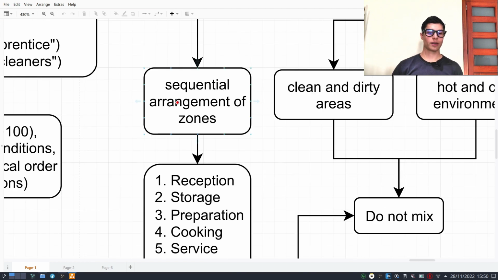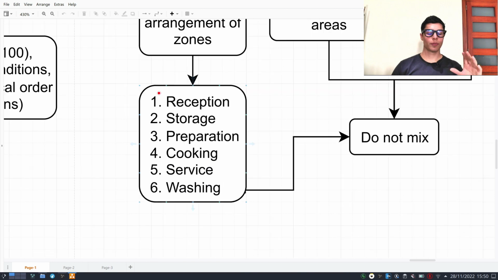So, as I said, sequential arrangement of zones. To make it easier, we have here a list of the main 6 zones that exist in a kitchen. We have the reception for the raw materials, the storage, the preparation, which is the ingredients area, cooking, the culinary area, the service, which is the distribution area, and then washing, which is the kitchen sink.